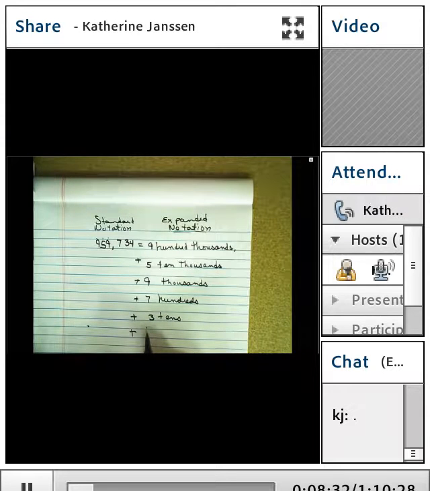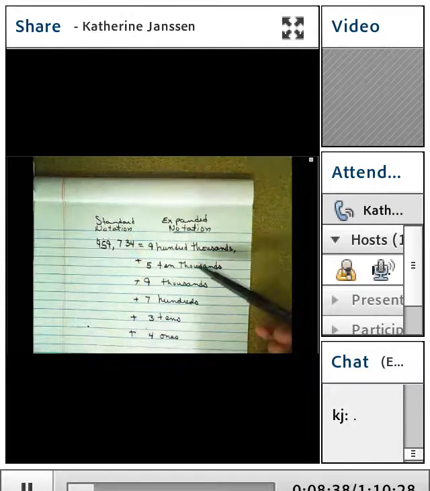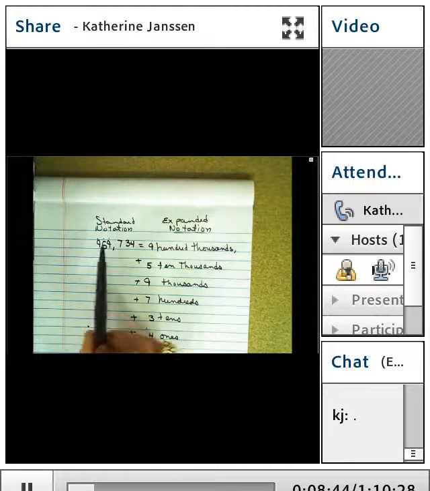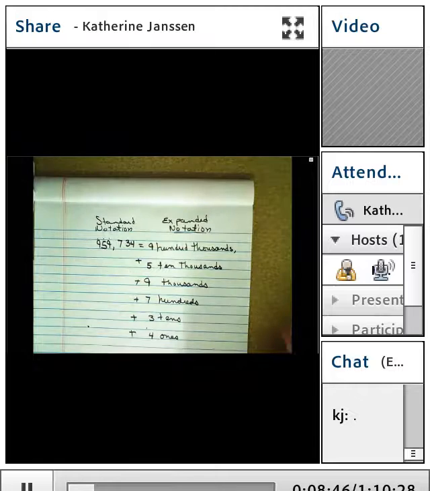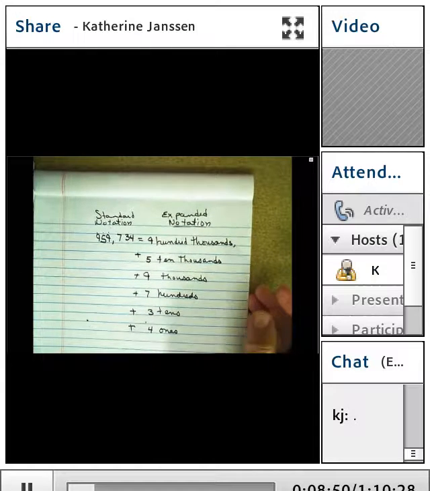Plus the 4 ones. And so expanded notation is expanding the place value significance of the digit to represent the standard notation of the number itself. Both represent the same value.